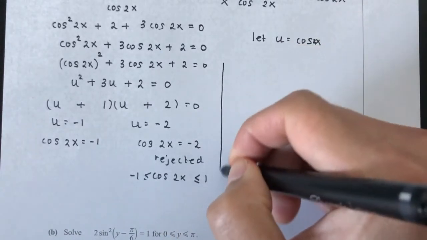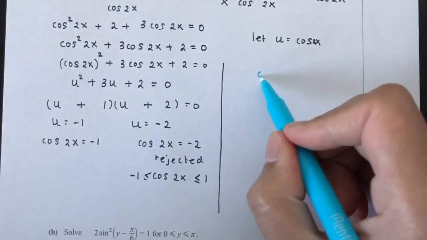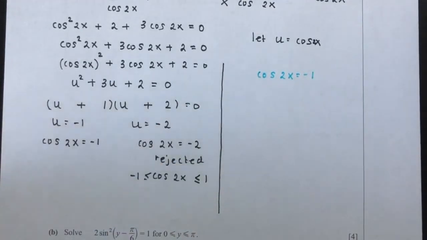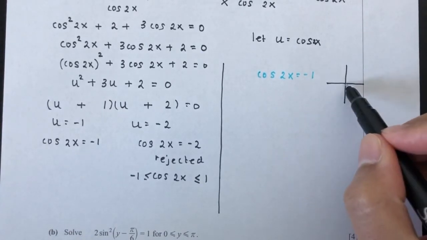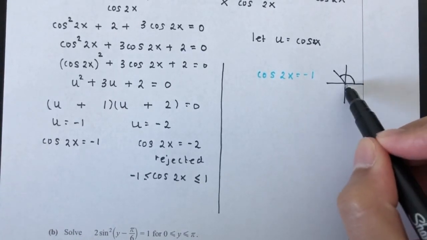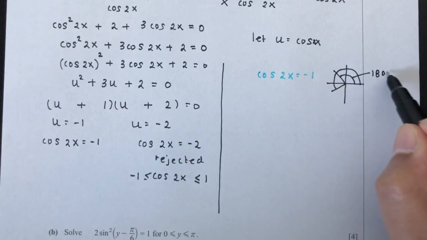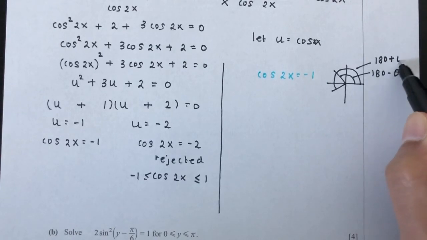Now let's continue on this side for this one. So right now we have cos 2x equal to minus 1. Now when it is negative, it will be in your second quadrant and your third quadrant. This is basically 180 minus theta, and this is 180 plus theta.